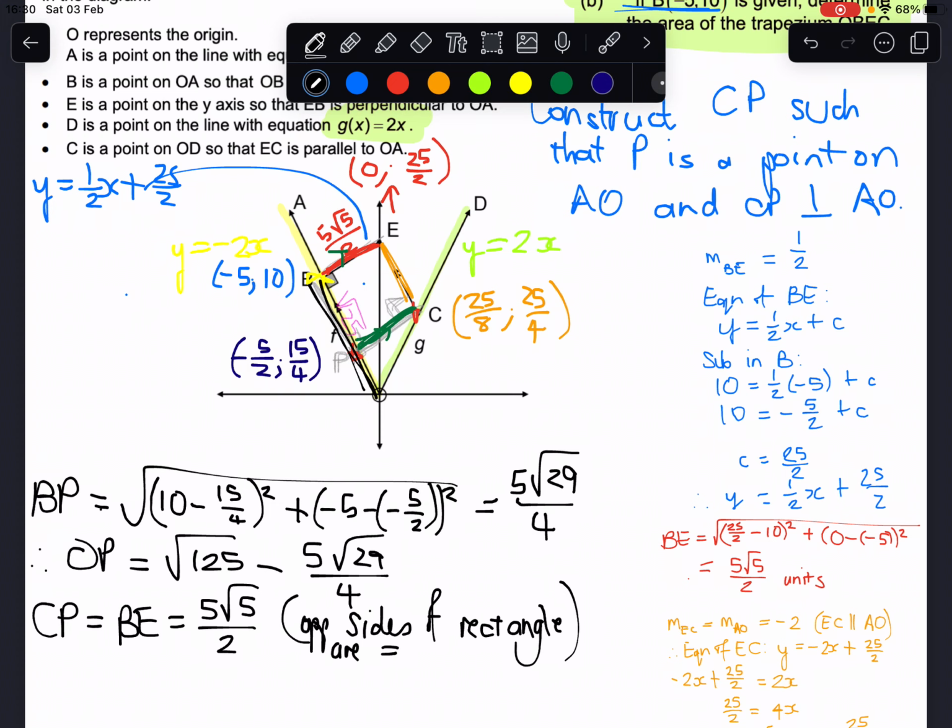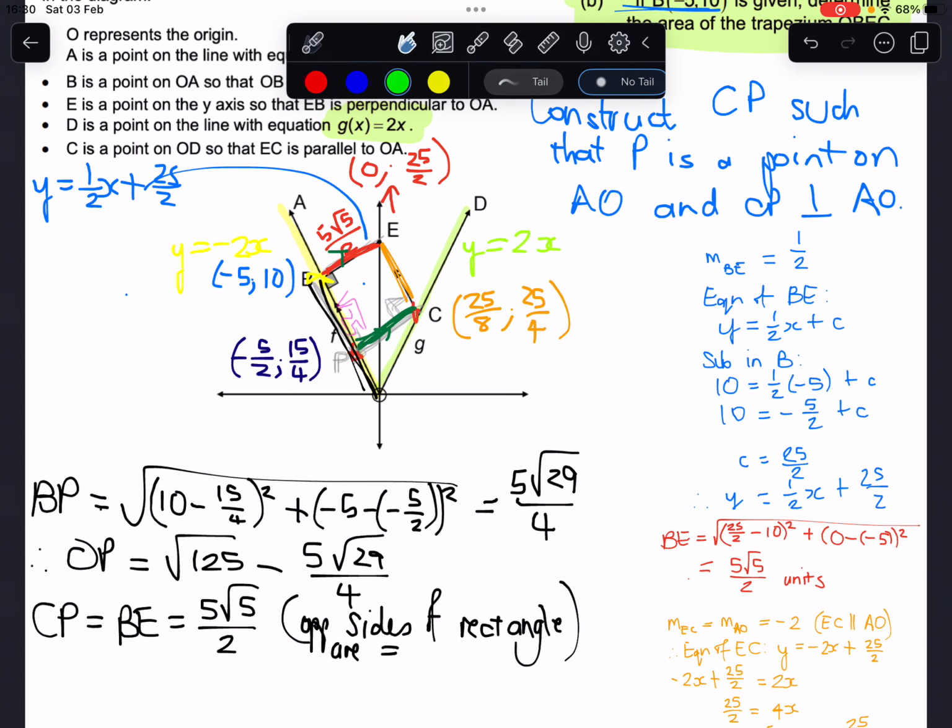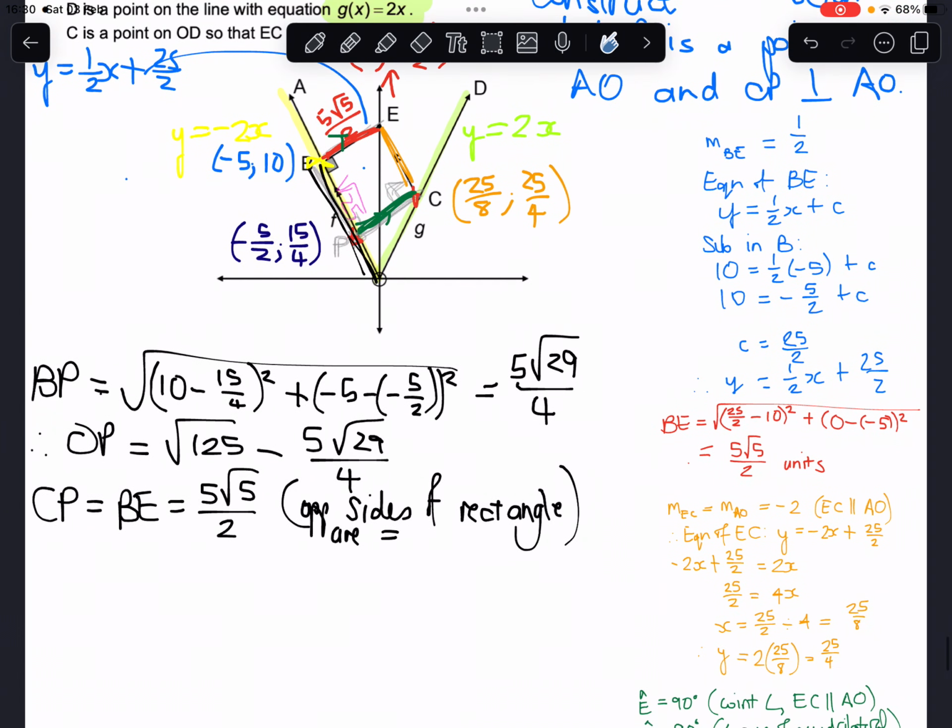Right, so with all of those values now, we are in a position to work out the area of the trapezium at last. Right, so let's do it.